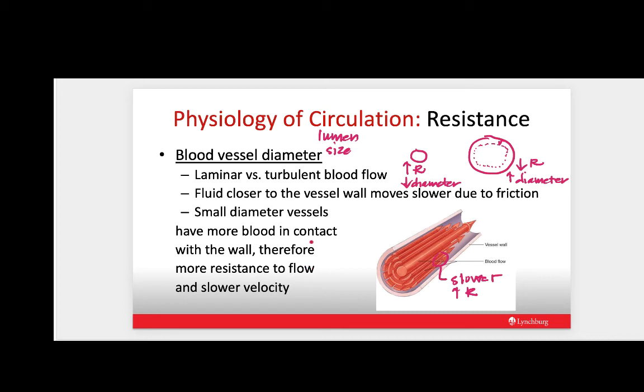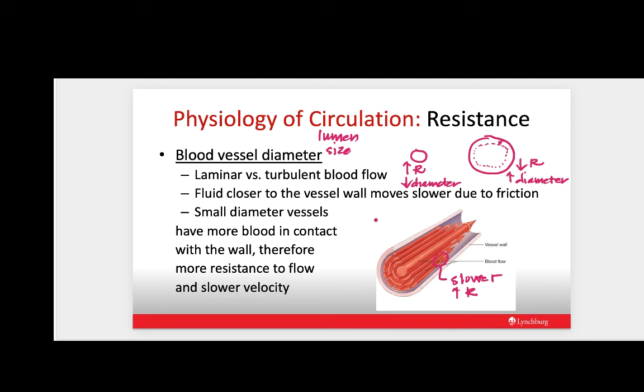Okay? So your relationship here is going to be, if we have the diameter of a blood vessel decrease, resistance is going to increase. So they are inversely related to one another. If we have the diameter of a blood vessel increase, then resistance is going to decrease.